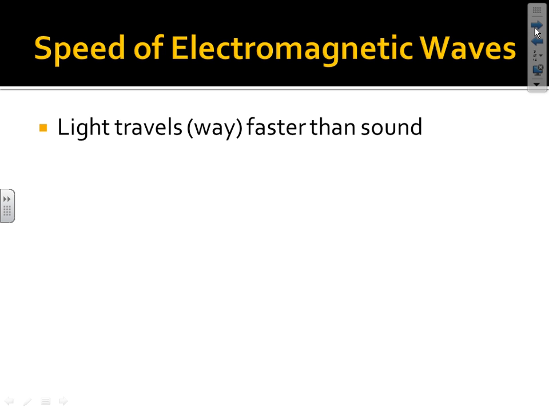Sound travels at, depending on the temperature and what part of the atmosphere you're in, in the range of 700 to 750 miles per hour. Light, which is an electromagnetic wave, travels at 186,000 miles per second.